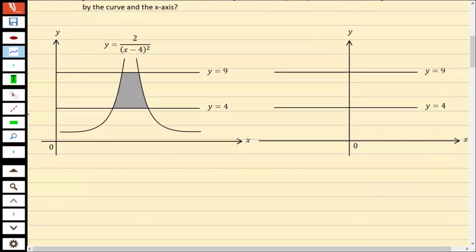Okay, let me do it for you. This is a 4. So what is my idea here? To draw the curve is a bit difficult for me.